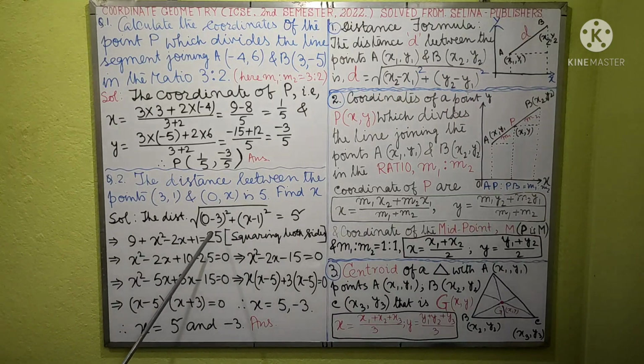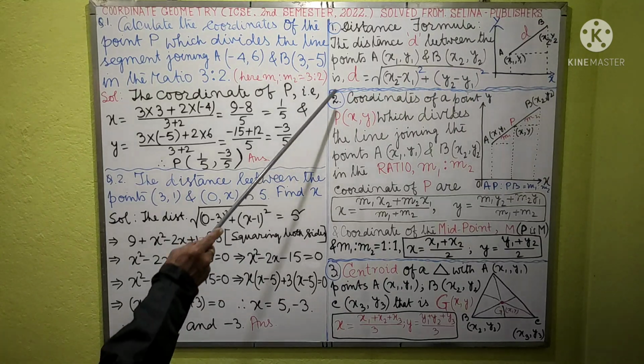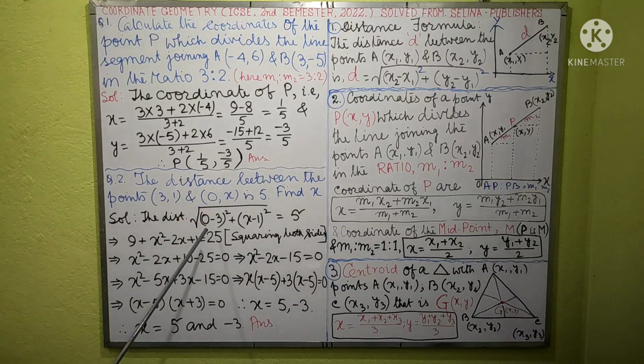From the distance formula, the first formula: the square root of (0 minus 3) whole square plus (x minus 1) whole square equal to 5.